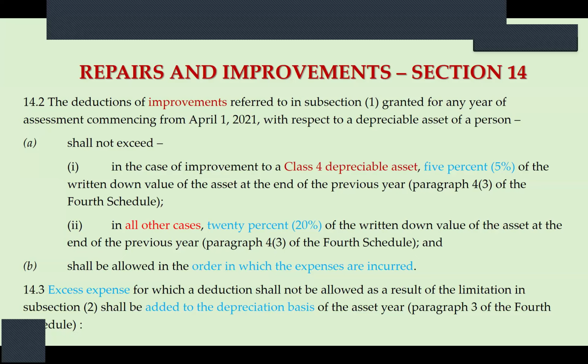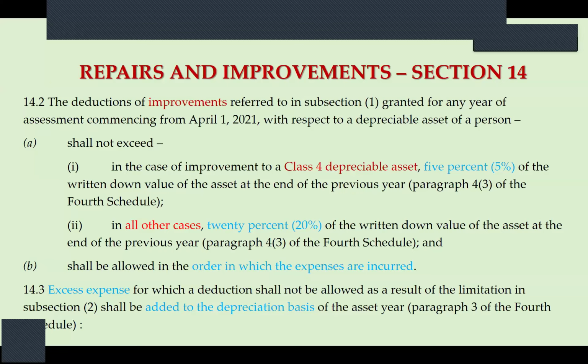So up to that year of assessment, we have used that machine for 4 years. That means each and every year that value is depreciating. So after depreciation of 4 years, we have a written down value. Written down value means the value of the asset at that time.